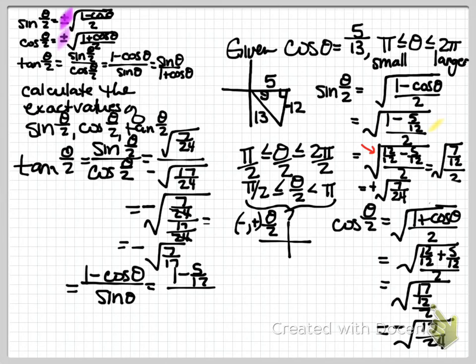The sine, if we look at our original function, the sine is negative 12. Hold on. Did I use 12? I am so sorry. I just realized I did this problem wrong. Should have been 13.